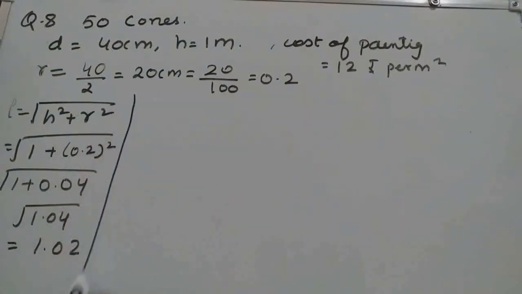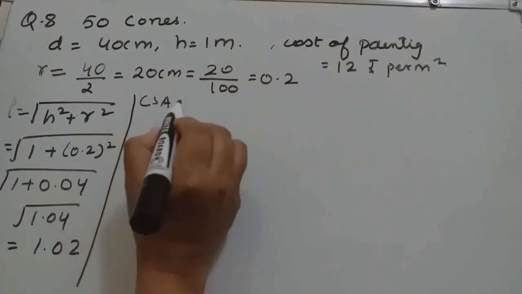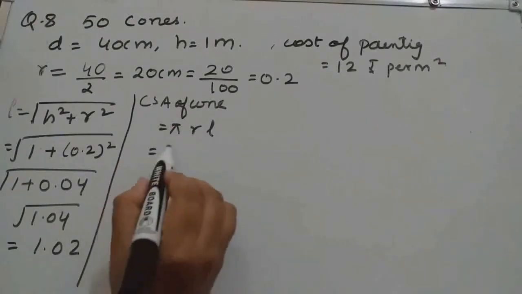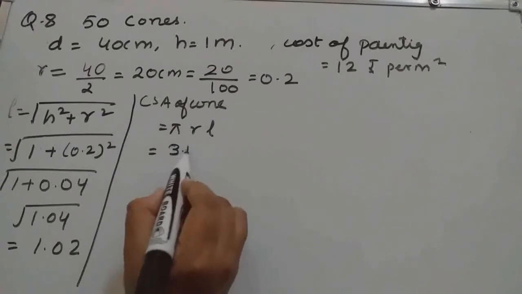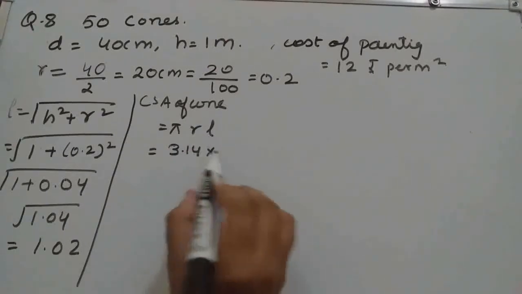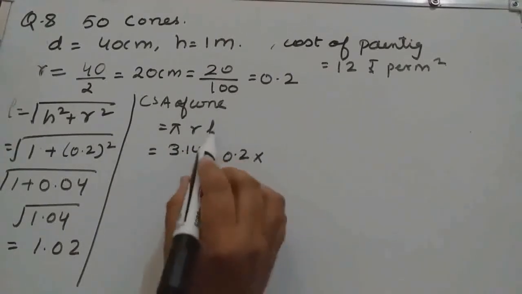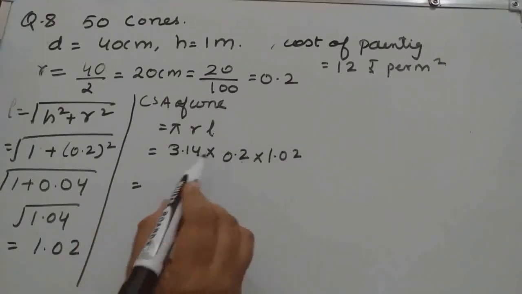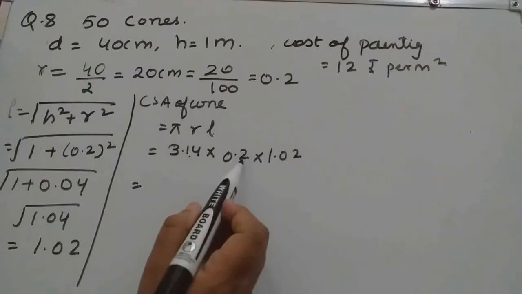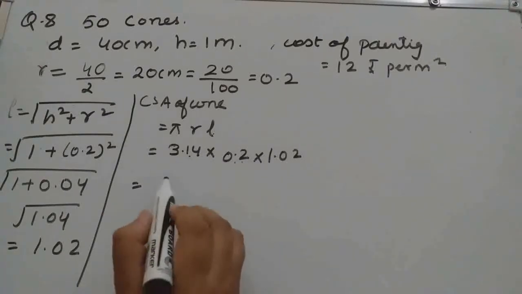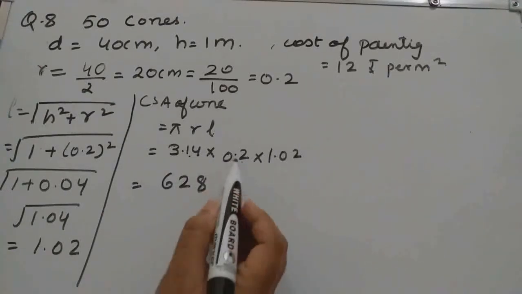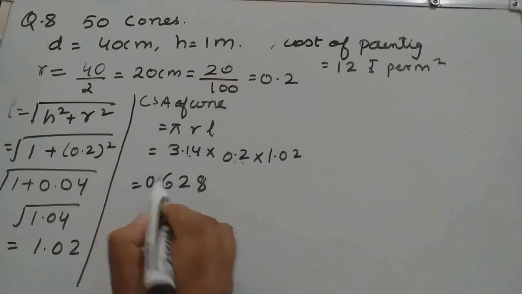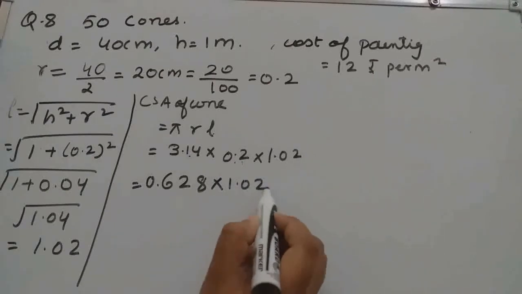Now we will find CSA of the cone. That is pi r l. Pi we should take as 3.14. It is given in the question. R is 0.2. L is 1.02. So if you multiply 314 into 0.2, we will get 628. After 3 digit decimal, 2 and 1, 3, so 0.6, 1.02.